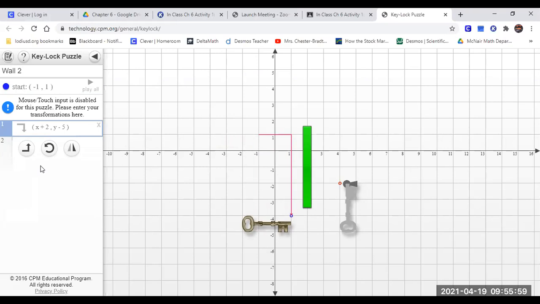Now what? We have to slide again, right? Or we could flip, or we could spin, because now we're far enough away from the wall that we could do those things. So what do we want to do? Slide again, spin, or flip?